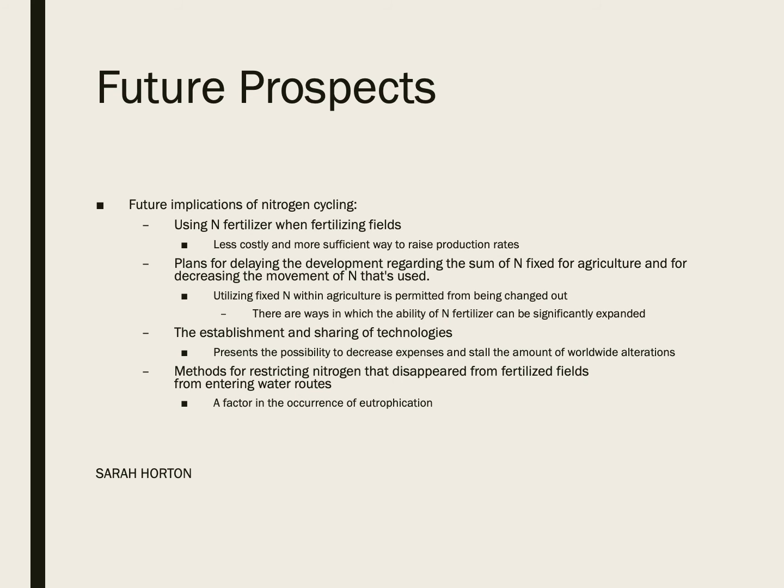The establishment of sharing technologies presents the ability to decrease expenses and stall the amount of worldwide altercations, and then methods for restricting nitrogen that disappeared from fertilized fields from entering water routes, which is a factor in the occurrence of eutrophication.